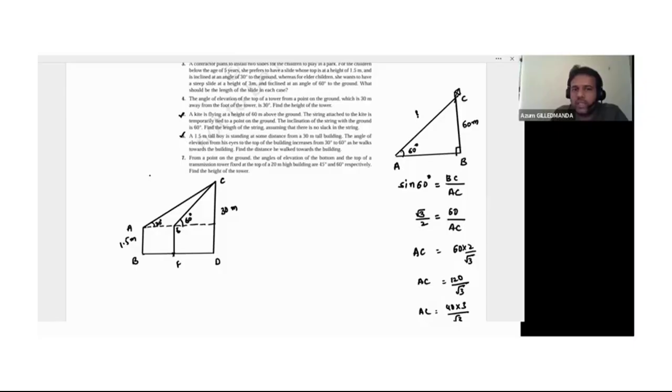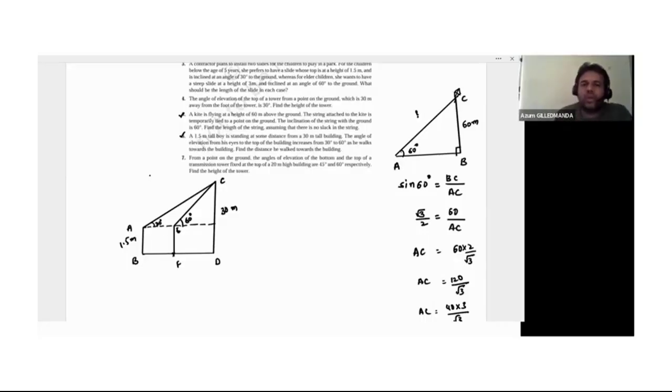When he walked a certain distance towards the building, as we go closer, we need to raise our head to see the top. That means the angle of elevation will increase. As you move closer to the building or tower, your angle of elevation will increase. Remember that. Okay. Now, he moved to the position EF, and from there he looked at the top of the building. So the angle of elevation is 60 degrees now.